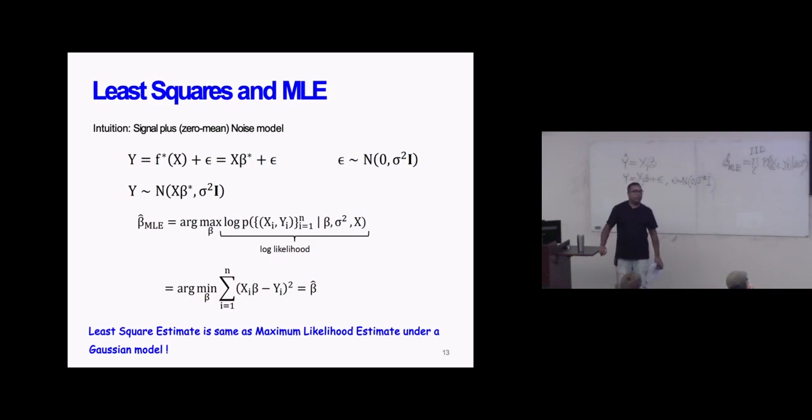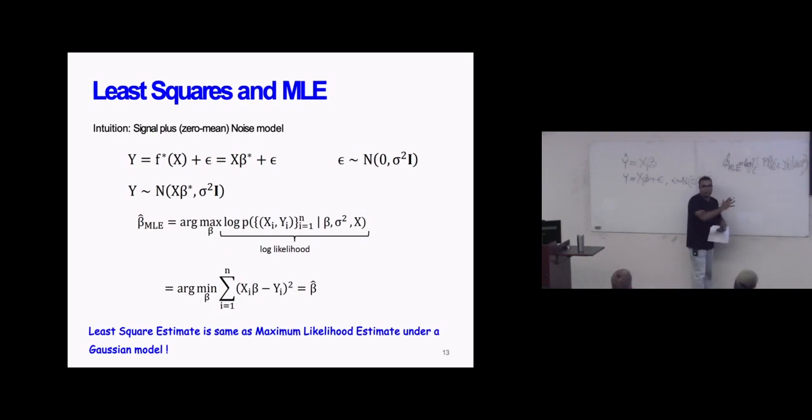And because this is a multiplication over a lot of terms, we took a log of this thing previously, right? These are things we already know. We took a log, which became a sum over log of probability of xi, yi given beta, sigma square.